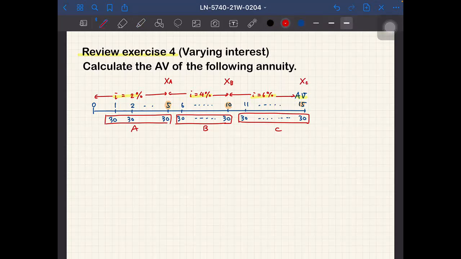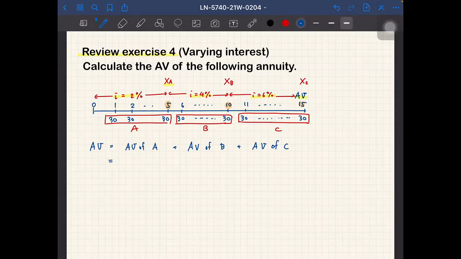That means the accumulated value is the accumulated value of A plus the accumulated value of B plus the accumulated value of C. The accumulated value of A is XA, but the time point is t equal to 5, so we have to accumulate 10 years of interest.